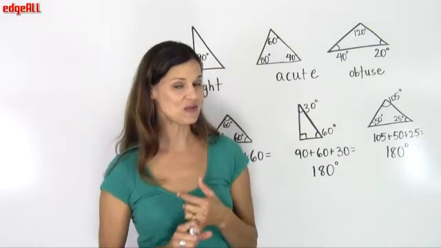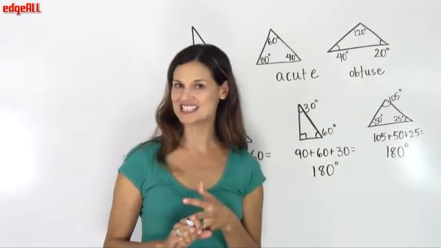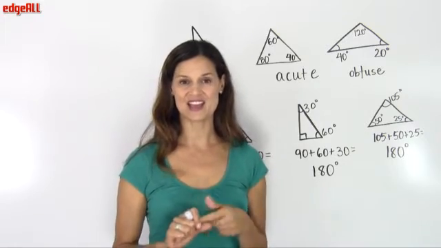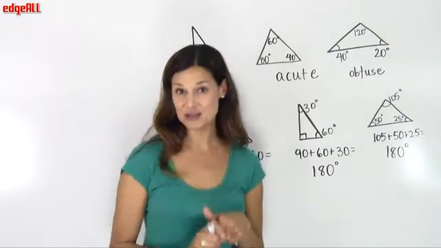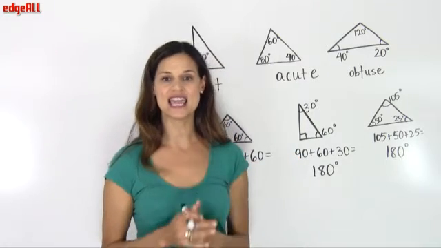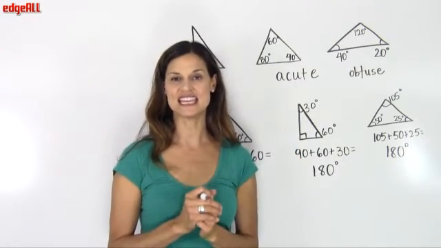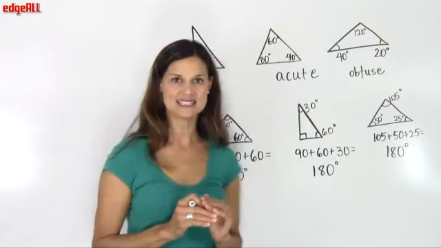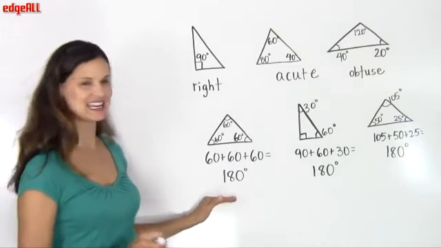It could be an equilateral triangle, an isosceles triangle, a scalene triangle, a right angle, acute angle, or obtuse angle triangle, these that we've just looked at. In all cases, the sum of the interior angles of the triangle will always add up to 180 degrees.